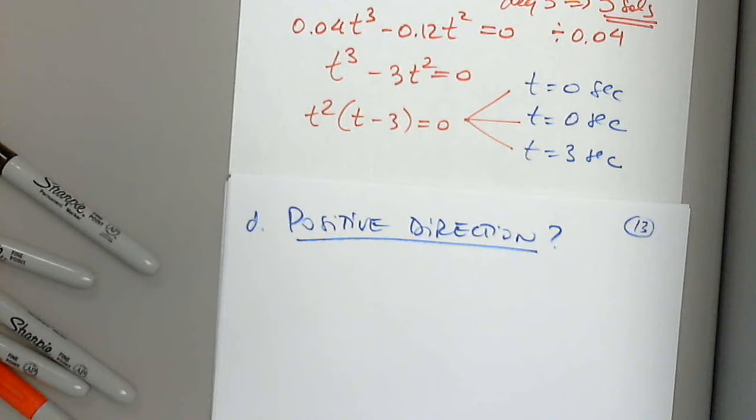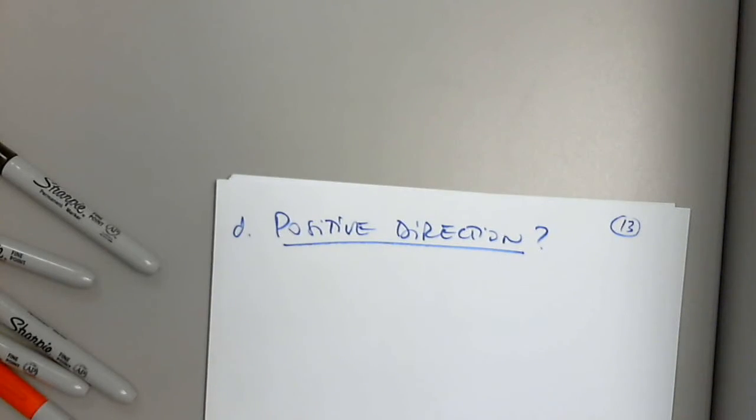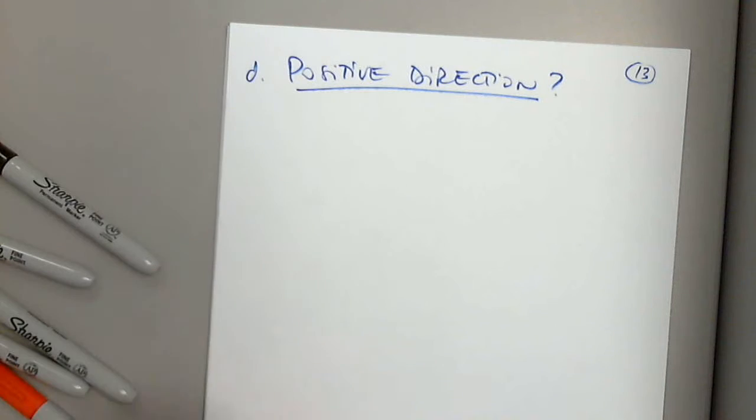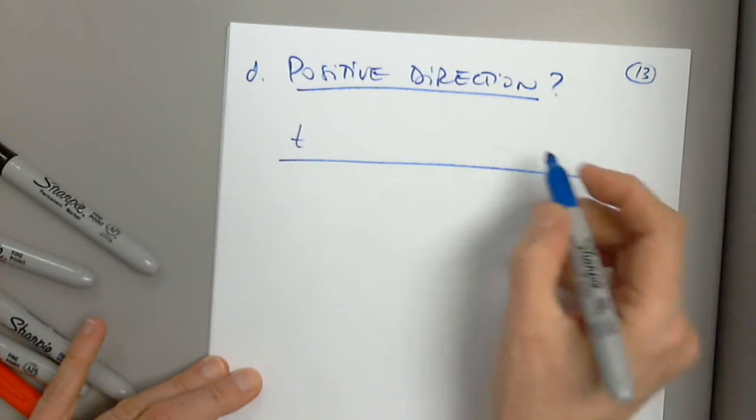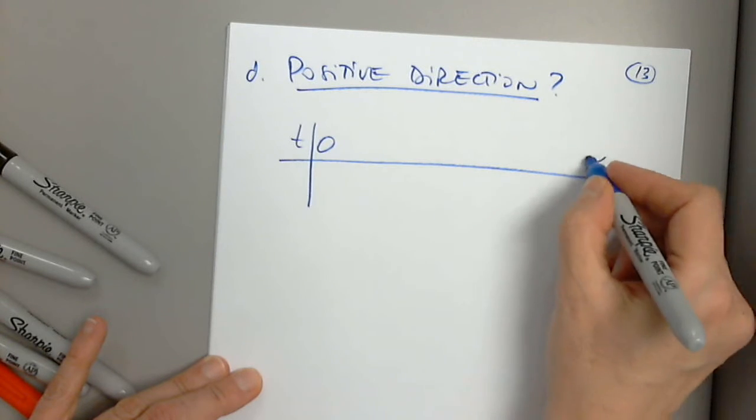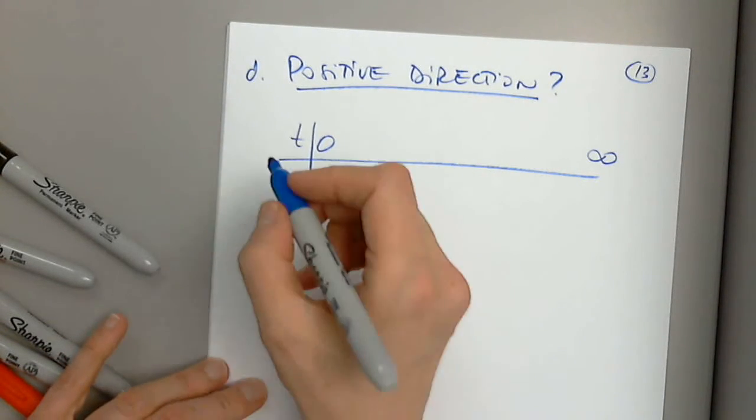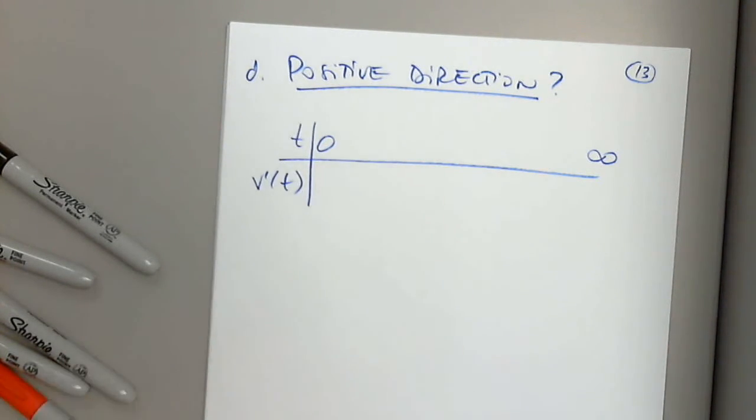The sign of the velocity will tell us what the particle is doing. So t was greater than or equal to 0, of course. You will see how this idea continues in chapter 4.